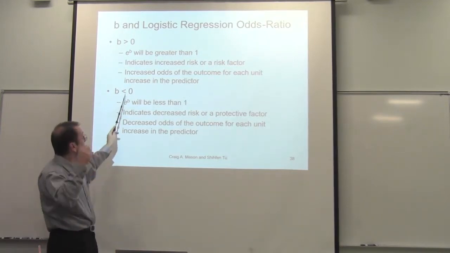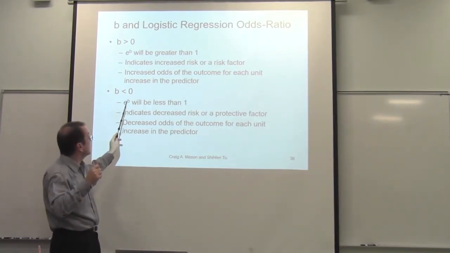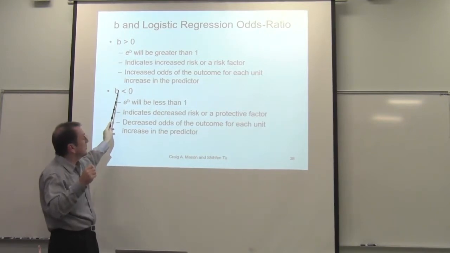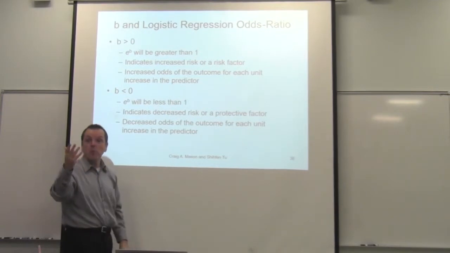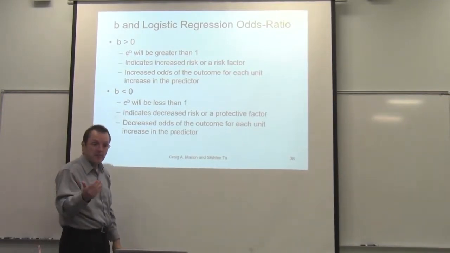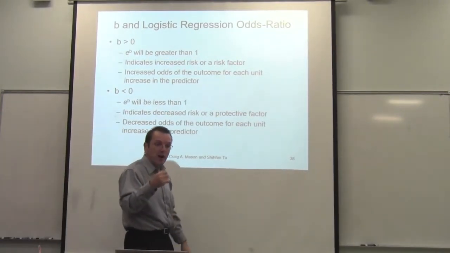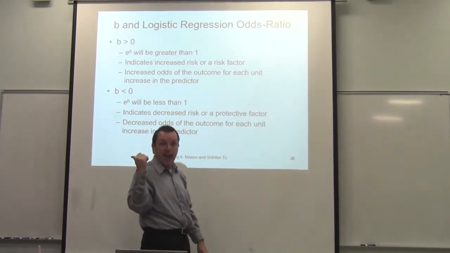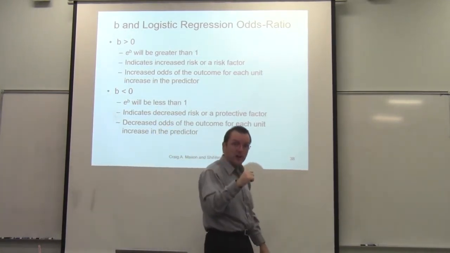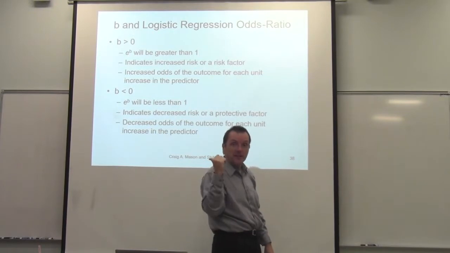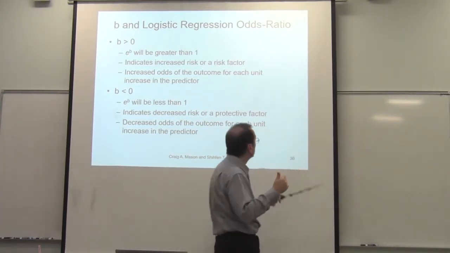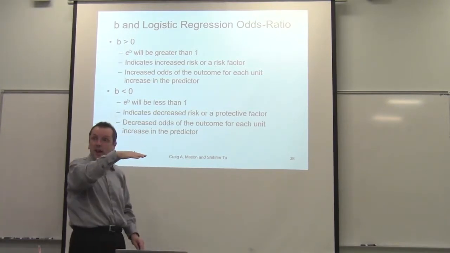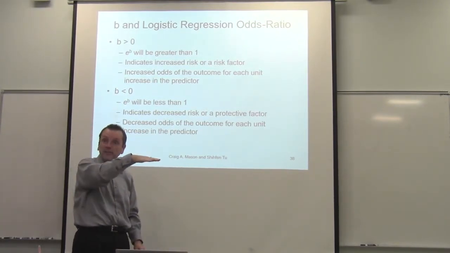So if my regression coefficient is negative and e to the b is, say, 0.5, then with a unit increase my odds are 0.5 what they used to be. It's half. Another unit increase, the odds are halved again. Another unit increase, the odds are halved another time. So my odds are going down and down and down.